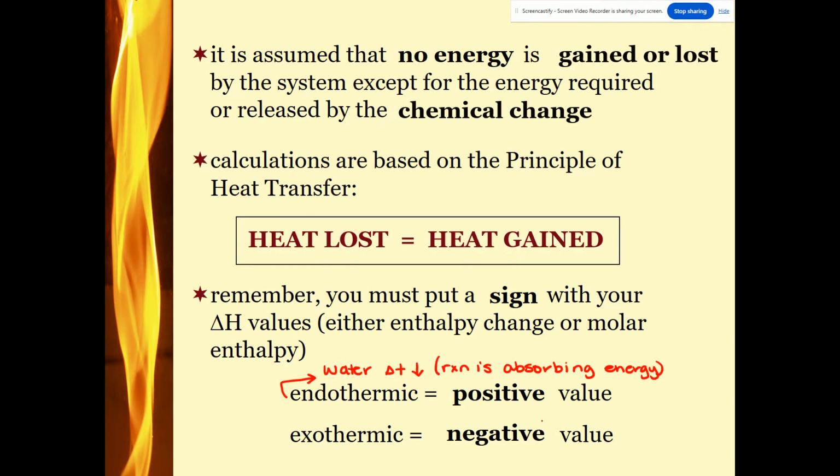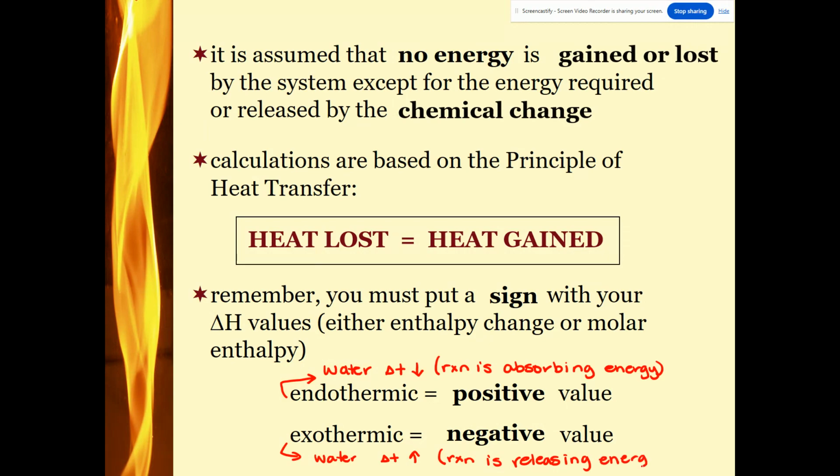And that means when I solve for either delta H or H, depending on what the question asks for, I need a positive value. If, on the other hand, the temperature of the water, again being the surrounding environment, is going up, this means the reaction is releasing energy. And when a reaction releases energy, remember that means it's exothermic.